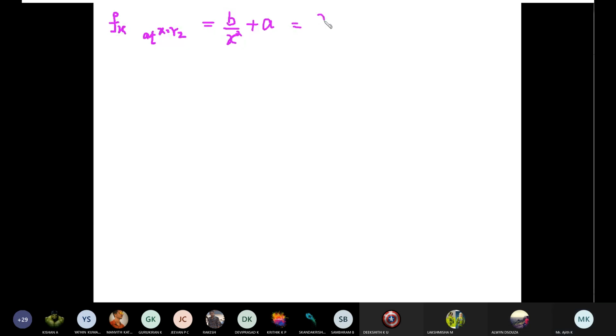The b value is 230.4 into 10 to the power 3 divided by 60 square plus 24. The value of a is 24. So you will get the fx value at the outermost surface as 88 Newton per mm square.